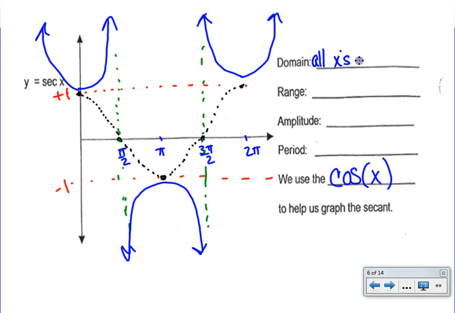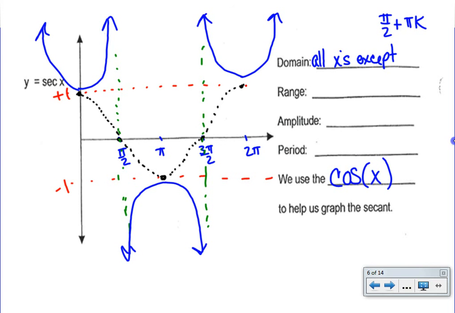It's all x's except pi over 2 plus pi k. What that means is, starting at pi over 2, I would move a group of a full pi in either direction forever. I don't expect you guys to come up with that off the top of your head. Is there something a little more shorthand? No, I wish there was.